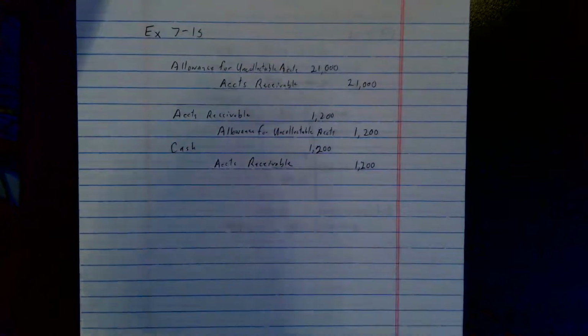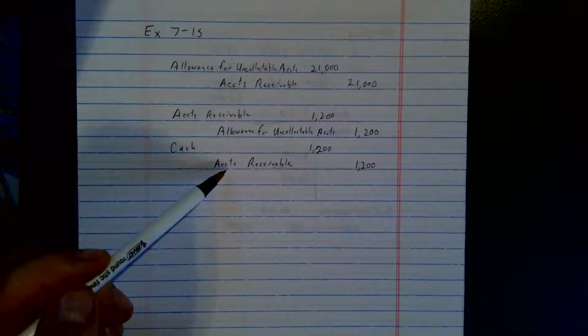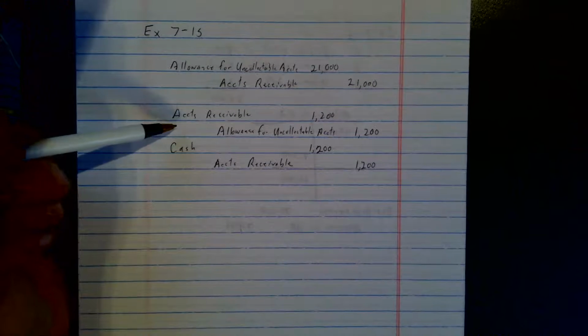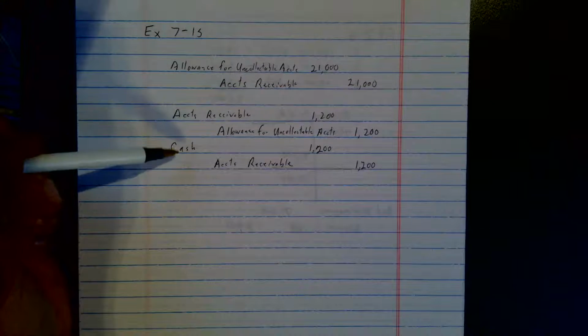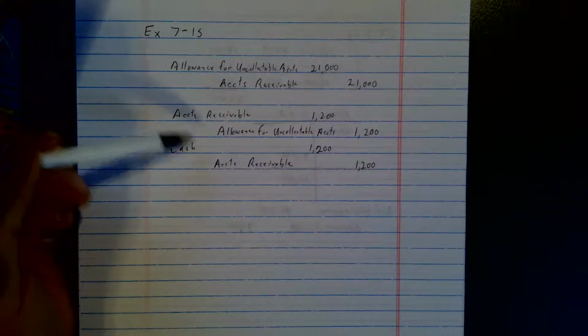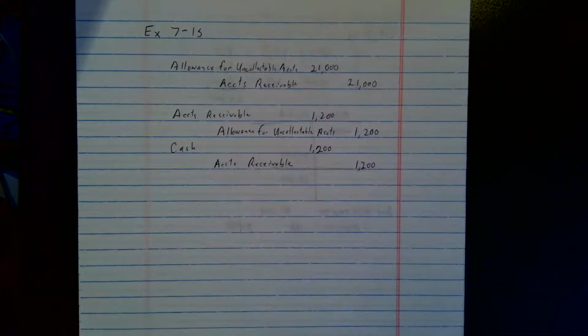Now, this is one instance. You've got accounts receivable and accounts receivable here that offset each other. Basically, it's two entries, but it's really done at the same time. The reason that you can't just write cash as the debit and allowance for uncollectible accounts as the credit for $1,200 is you don't have the accounts receivable, which one it is, because you're going to put it in a subsidiary ledger and you're going to show whose account receivable.